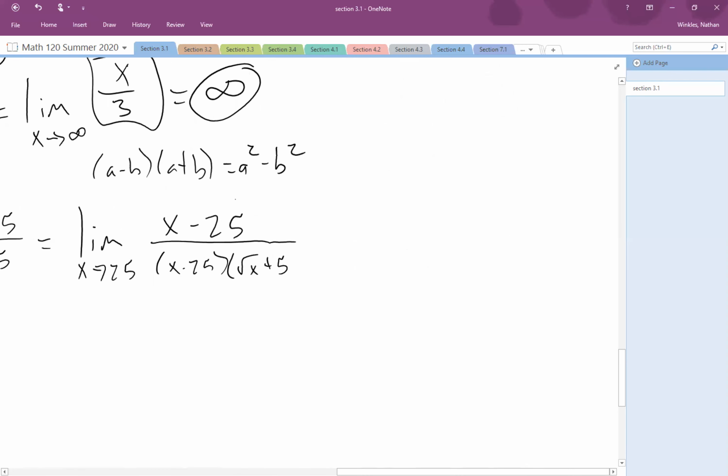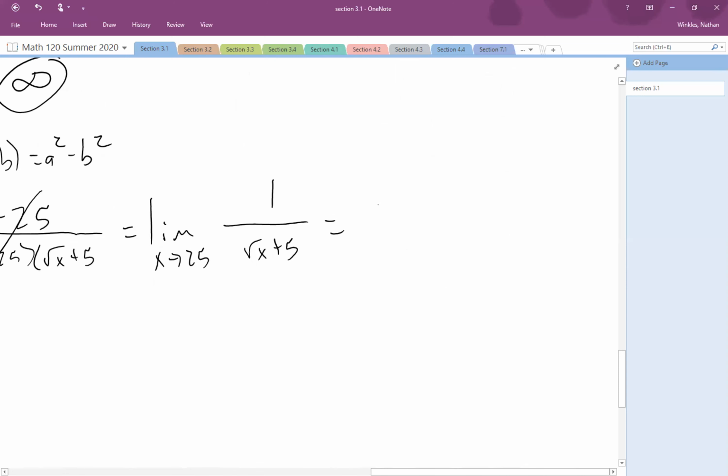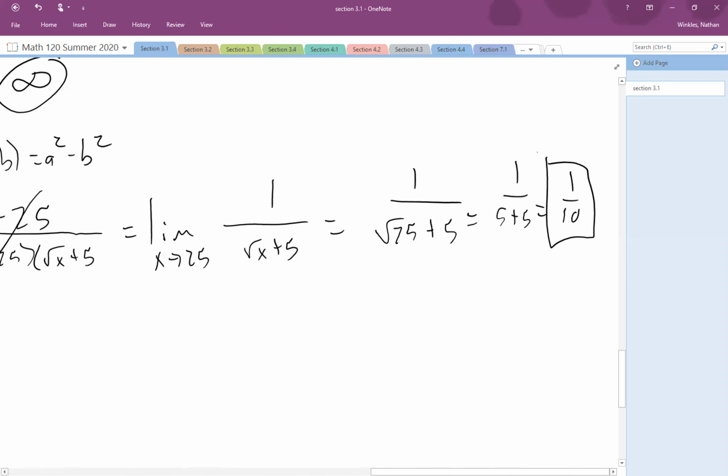From here, we can cancel these out, so we're left with the limit as x goes to 25 of 1 over square root of x plus 5. Now we can plug in. So we get 1 over square root of 25 plus 5, which is 1 over 5 plus 5, or 1/10 as our final answer.